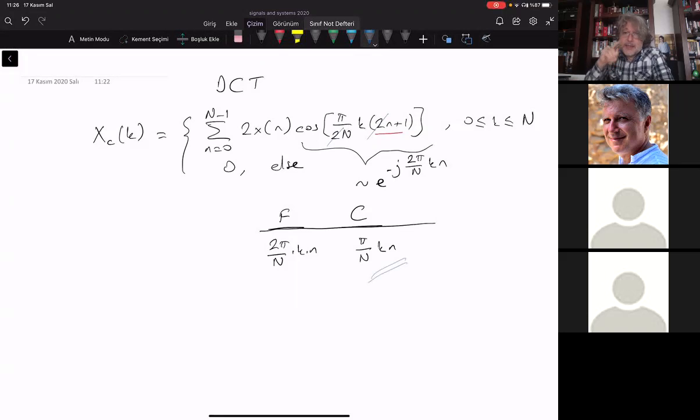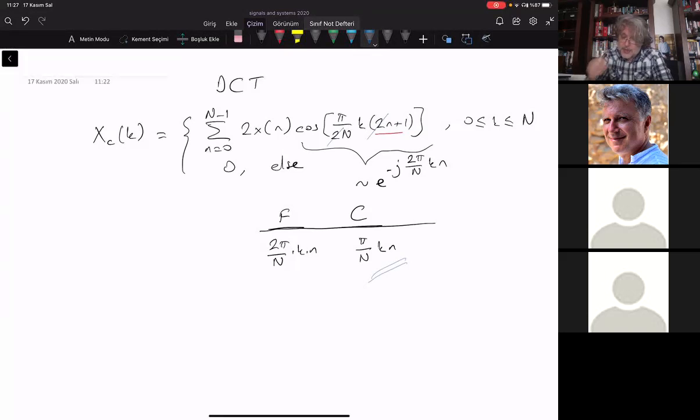That plus 1 is important, and I will mention why it is there. It is there to make sure that the discrete cosine transform basis does not become all equal, but is slightly different. Because if you don't put it that way, when n is 0, which is the sample value corresponding to x of 0, we have x of n, and as n is equal to 0, it is x of 0.